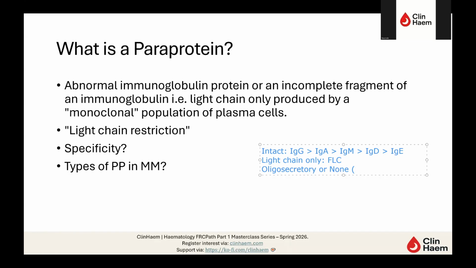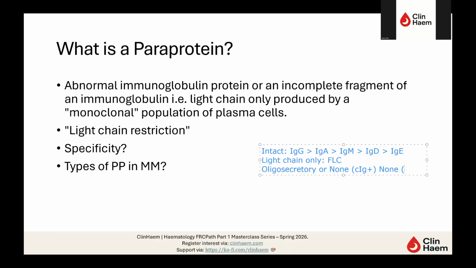Yes, and non-secretors are again of two types. When you do the bone marrow biopsy and do immunohistochemistry for the plasma cells, some of them would still have cytoplasmic immunoglobulin, so they would stain positive for it. But others would be truly non-secreting.